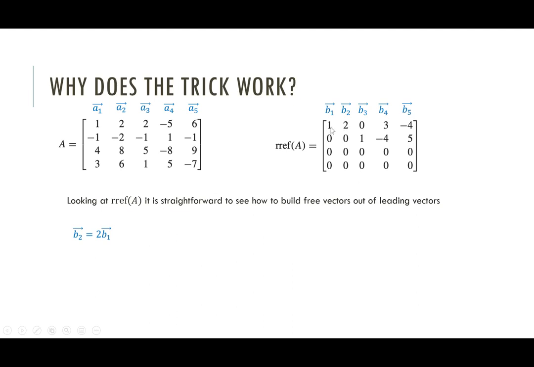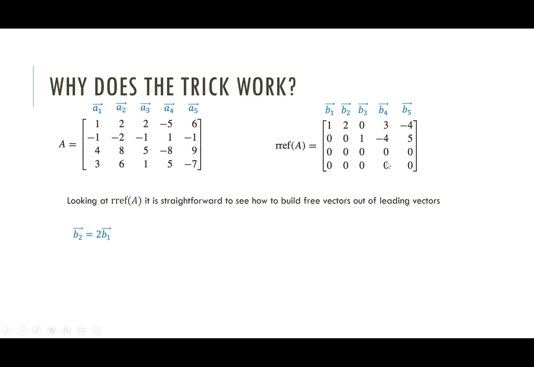It's only non-zero in one component, so multiply the first column vector by 2. There you go. So, column vector 2 is redundant. We don't need it because we've already got this first column vector. And if we wanted anything built out of column vector 2, we can build it by multiplying the first column vector by 2.